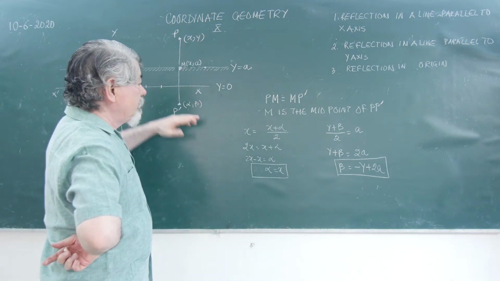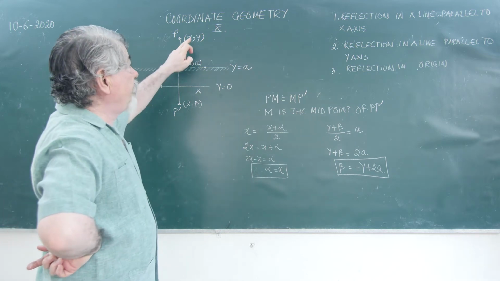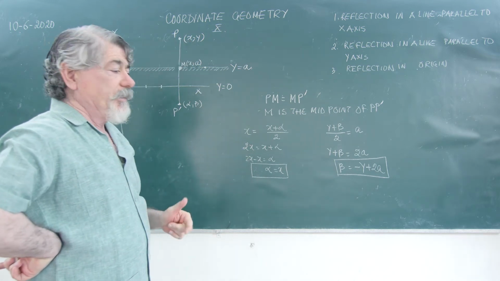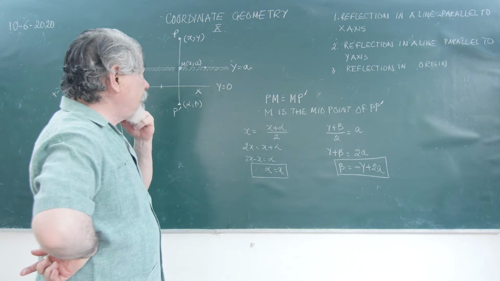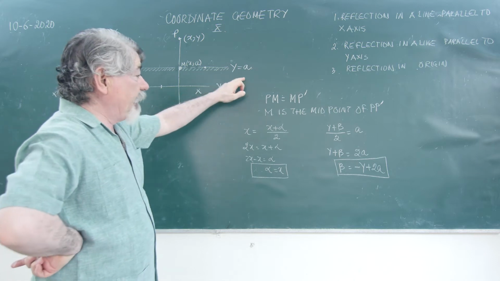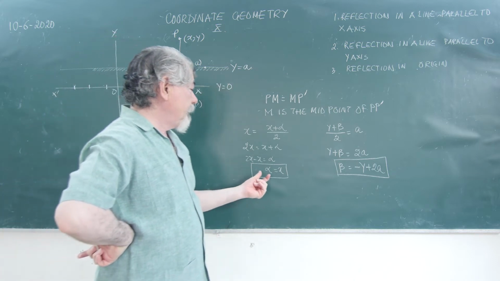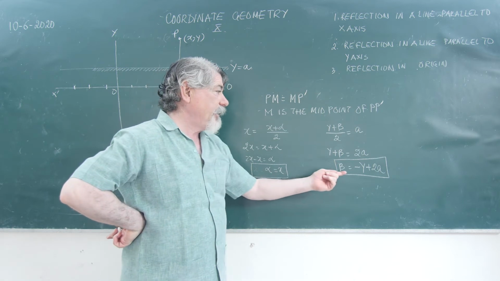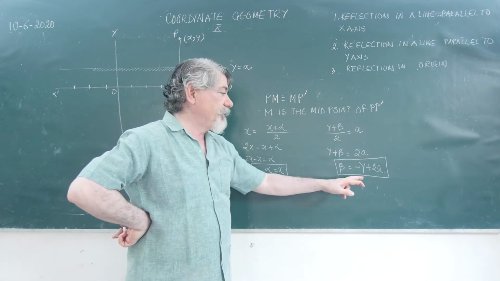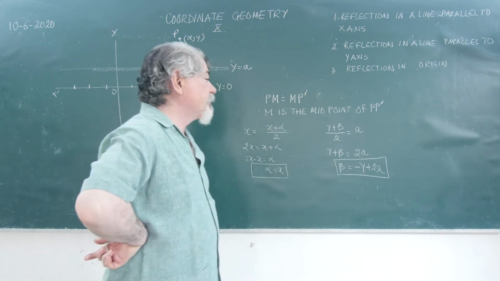So here, when we are reflecting a point in a line parallel to x-axis, like y is equal to a, then the x coordinate remains the same and the y coordinate changes to minus y plus 2a.